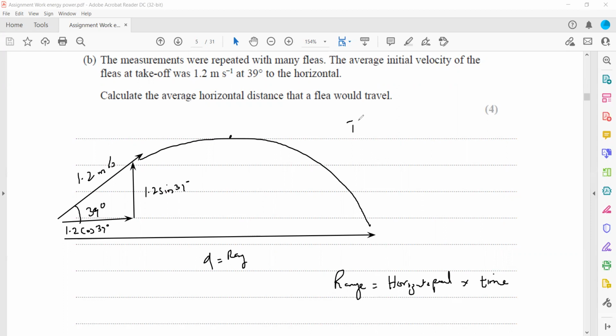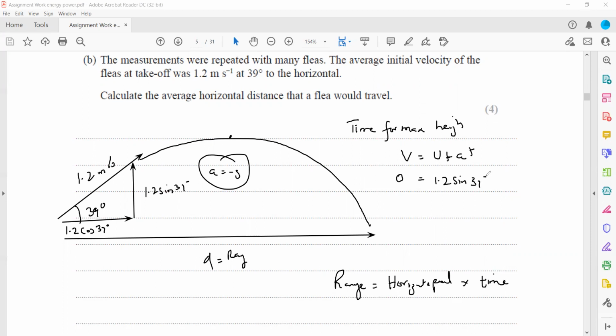So, the time to reach the maximum height. Whenever we deal with height, we always use the equation of motion and the vertical component. So v equals u plus at. v is 0, u is the initial velocity, which is 1.2 sin 39, minus, or you can write minus 9.81 times t.